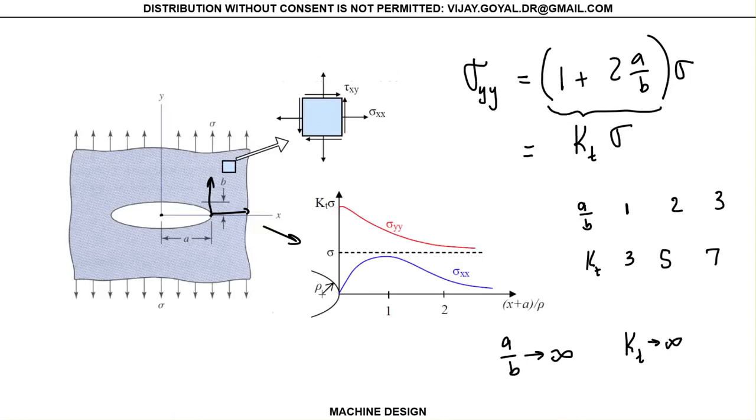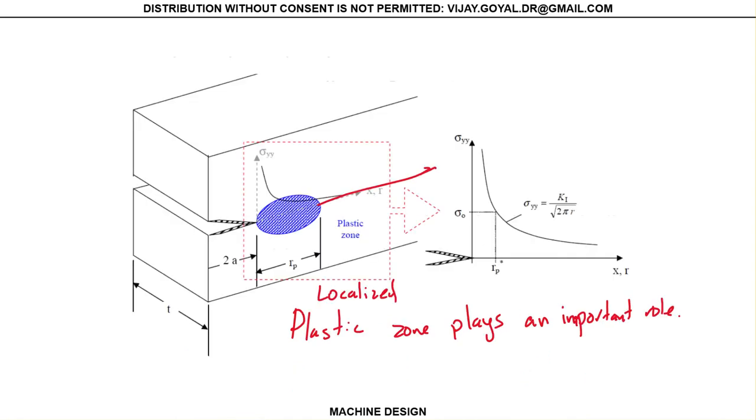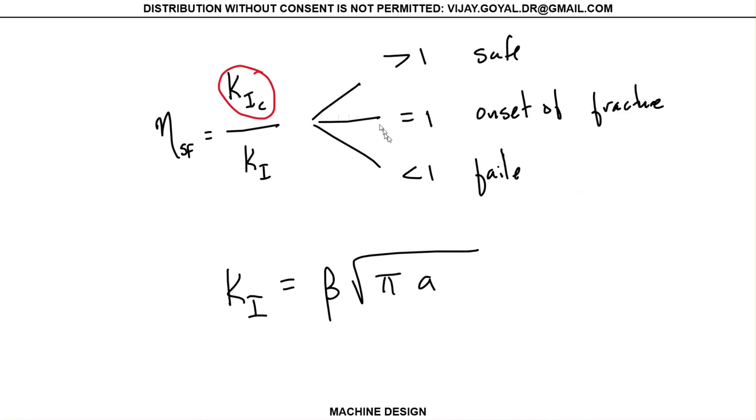So I told you that in our equations we had the following. I had K1, let's say, equal to beta sigma times root pi a. I forgot the sigma in my earlier equation, so please add that sigma. I think here at the top, when I defined that somewhere here, yes, right here, it should be beta times sigma.